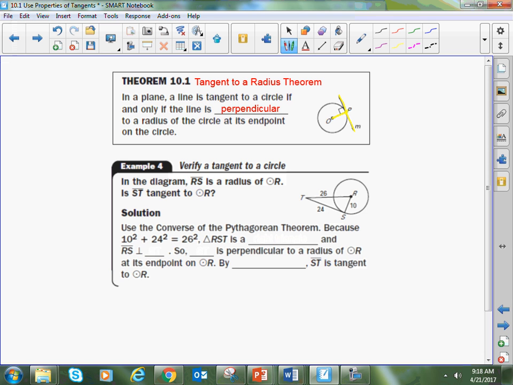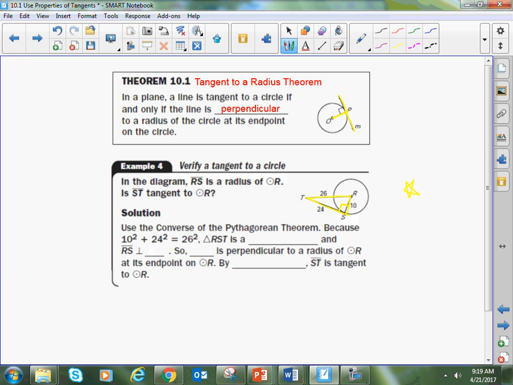And so if they are perpendicular to each other, we can create right triangles. What you can see down here in example 4 is we have a segment RS and this other segment TS and this segment from the center, RT, and we want to know, does it form a right triangle? Because if it does, then segment TS will be tangent to the circle.